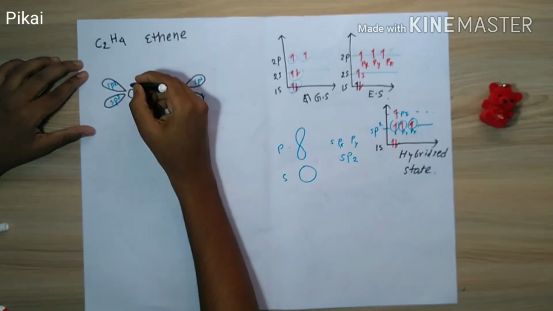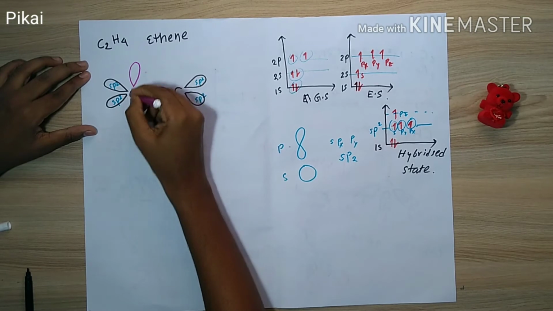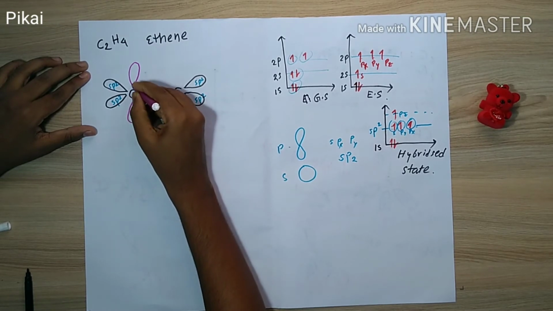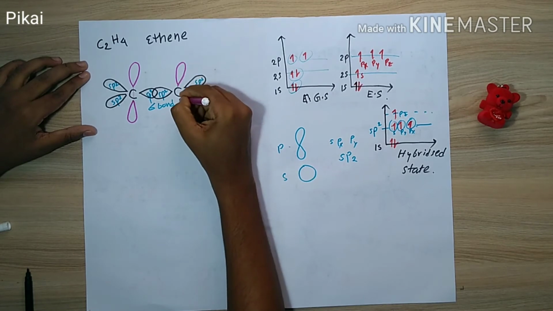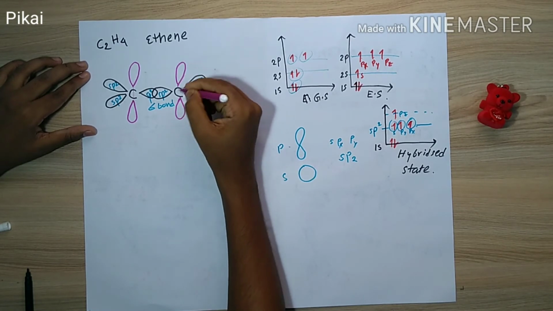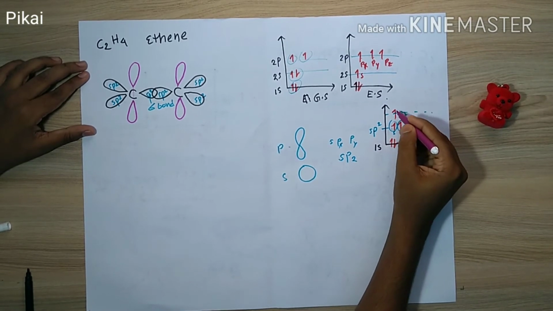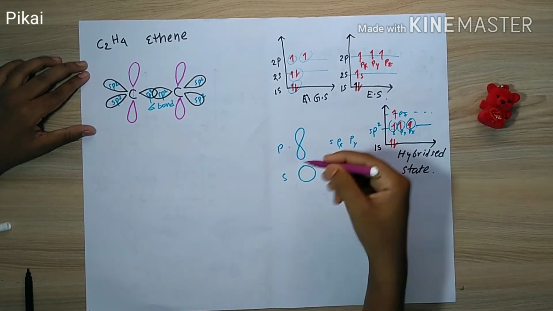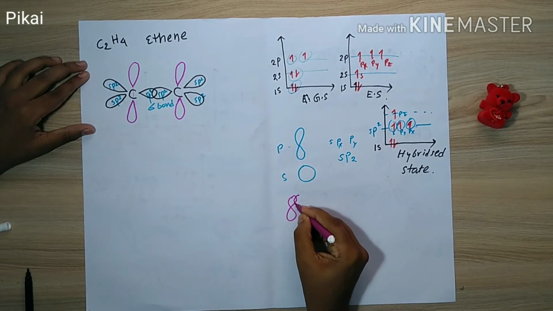So take a look at the hybridized state of the energy level. That means we still have one pz orbital left to be overlapped. The hybridization does not include this orbital. So what happens is that this orbital overlaps in a lateral way. Let me explain how it overlaps.